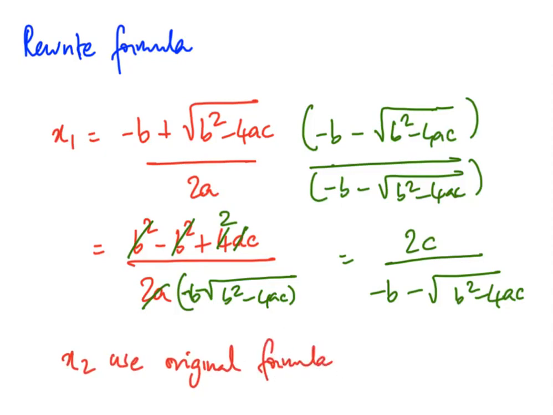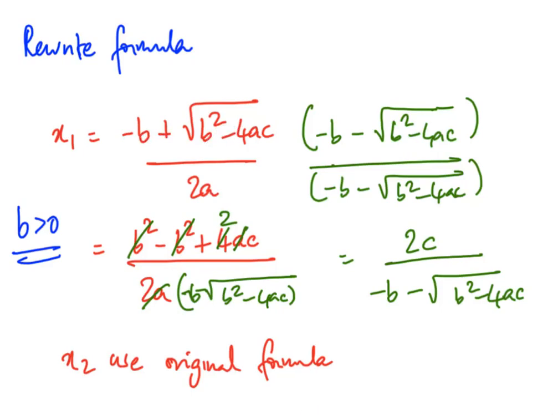This is the case if b is bigger than 0. For x1 I rewrite the thing so that I subtract a negative from a negative, and there's no subtractive cancellation. And for x2 there's no subtractive cancellation anyway in the original formula, because minus b is negative and we have minus b minus something, so there's no problem.